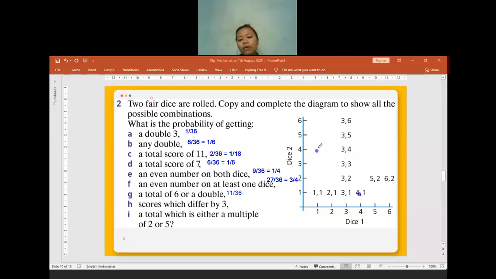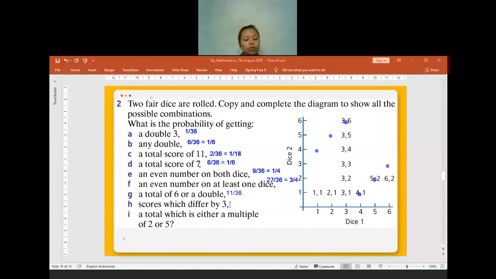And then 5, how many did you say before? 5 and 2, yeah. And then what number else? The difference is 3. 3,6, and then 6,3. Okay, so in total there are how many? 6.